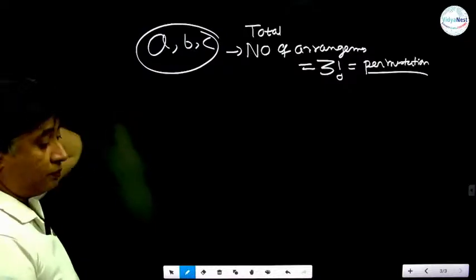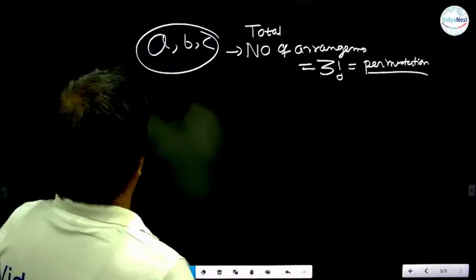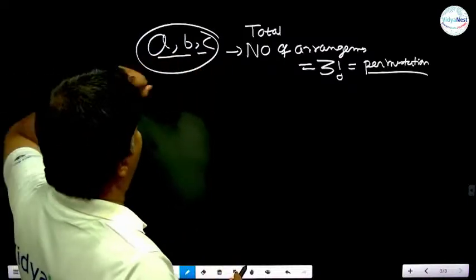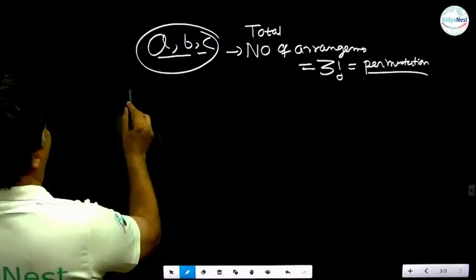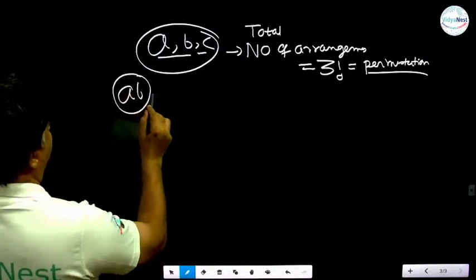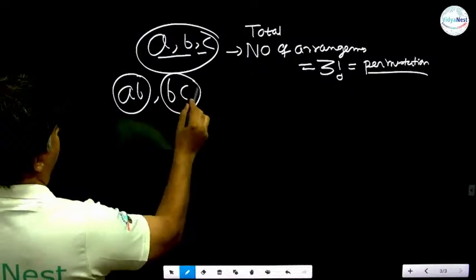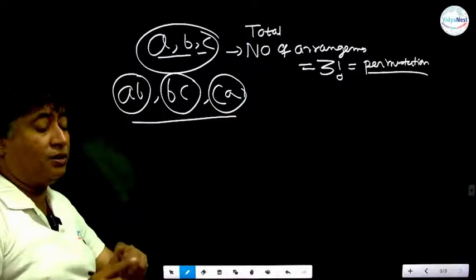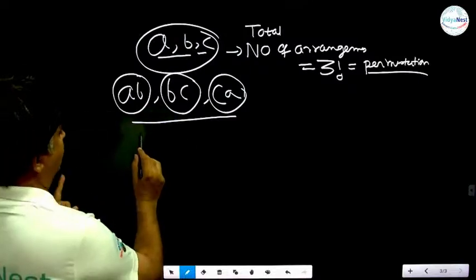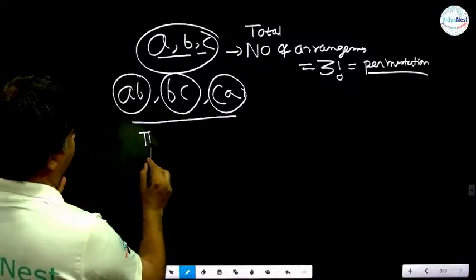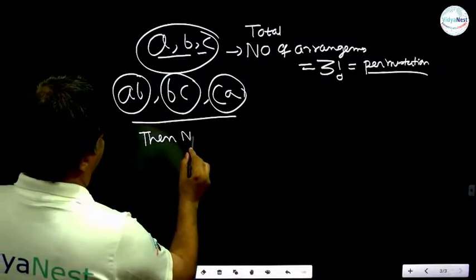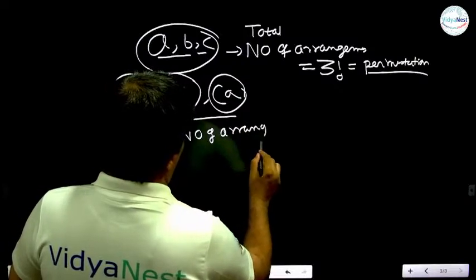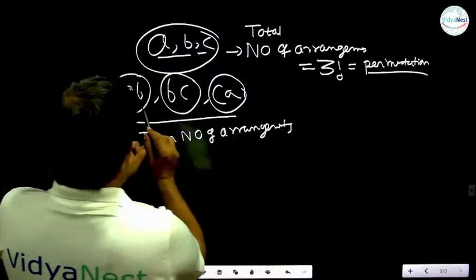Now, observe: if you are told to choose the elements pairwise, like AB, BC, CA, then group-wise, the total number of arrangements is how many? 1, 2, 3.